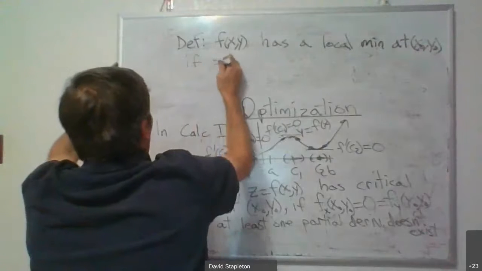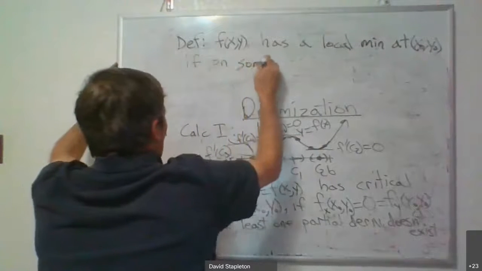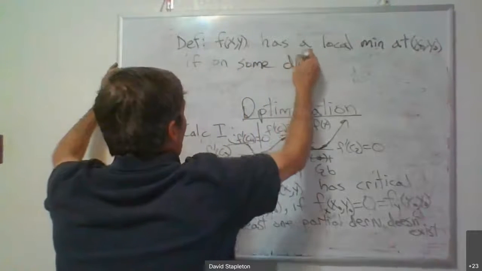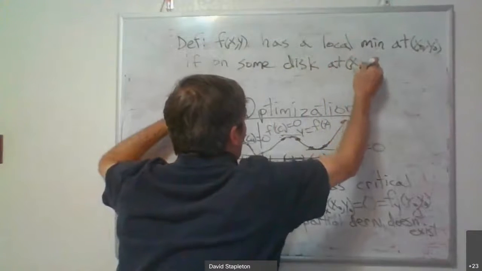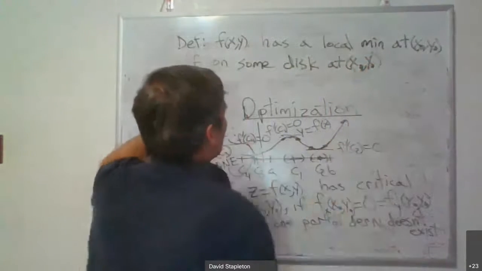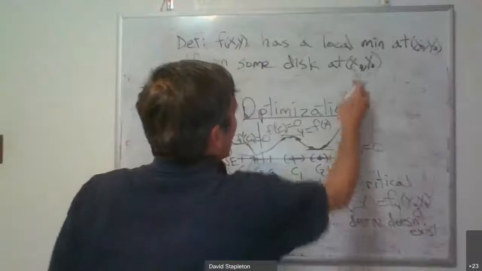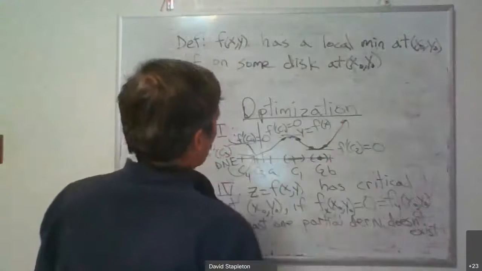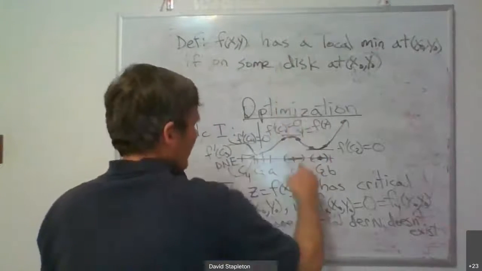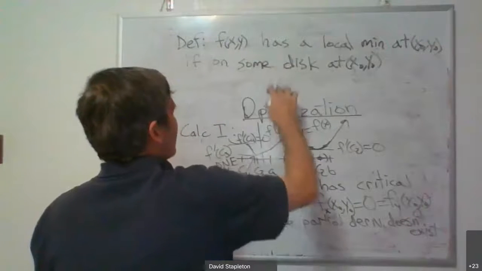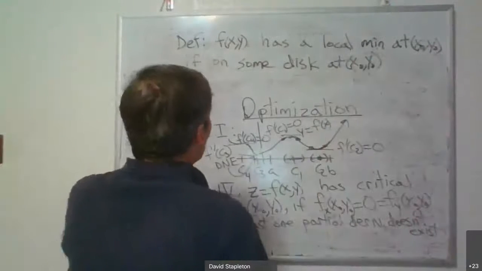If on some disk at that point, no matter how small, with positive radius, let's just say open disk, just because we now have this on some disk where this is in the center.